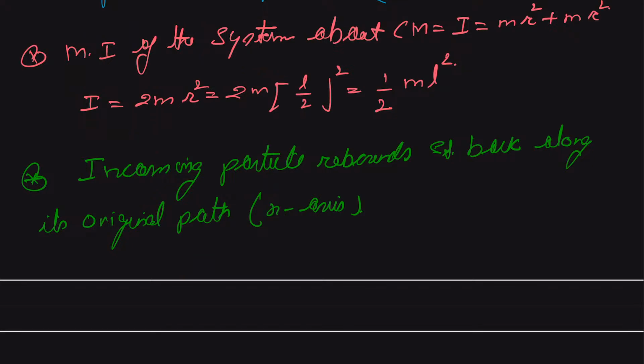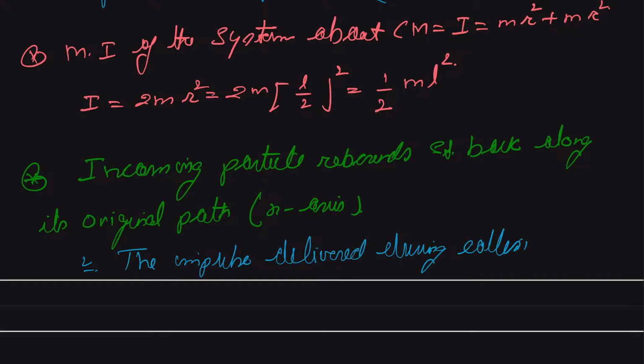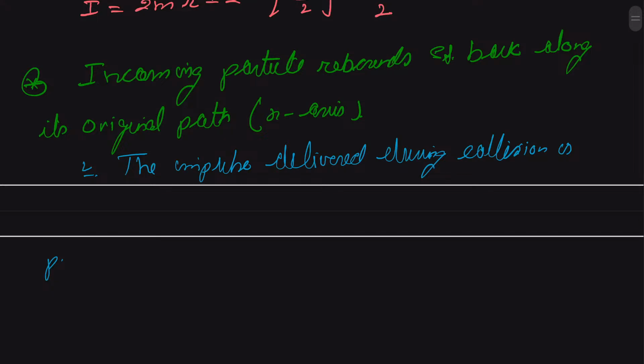So from here we can say that the impulse delivered during collision is purely along the x direction.